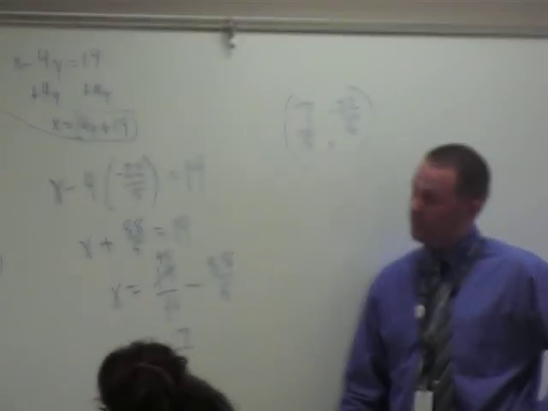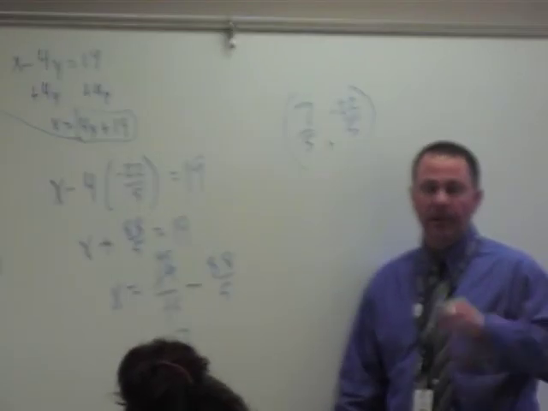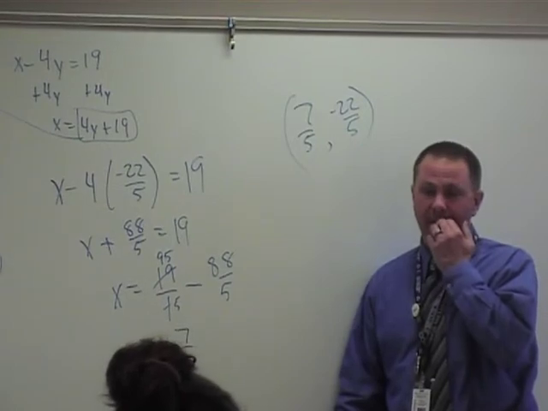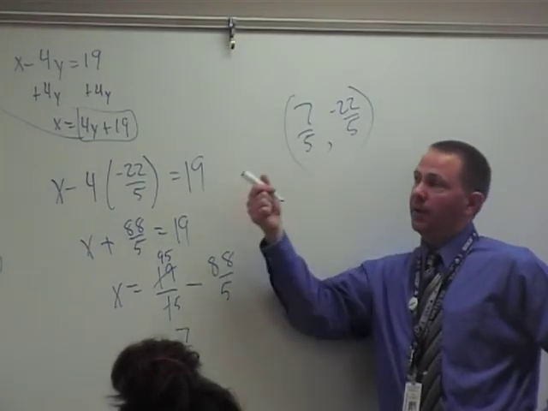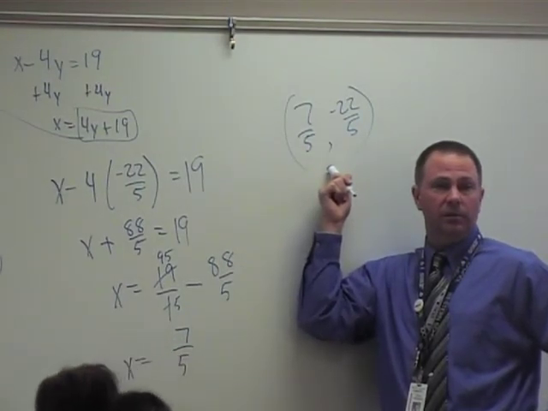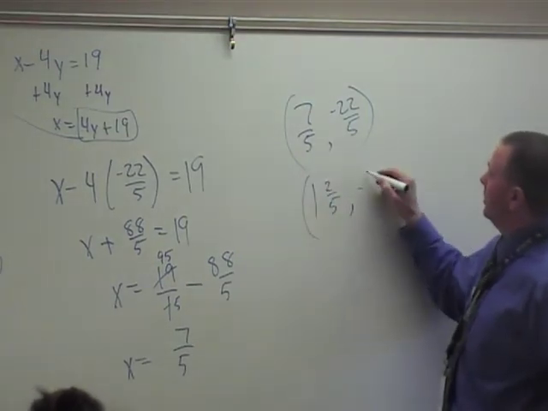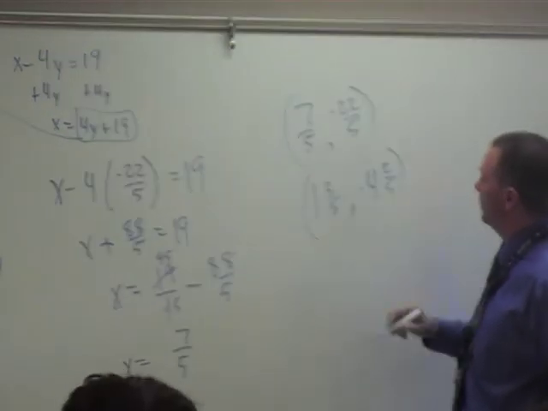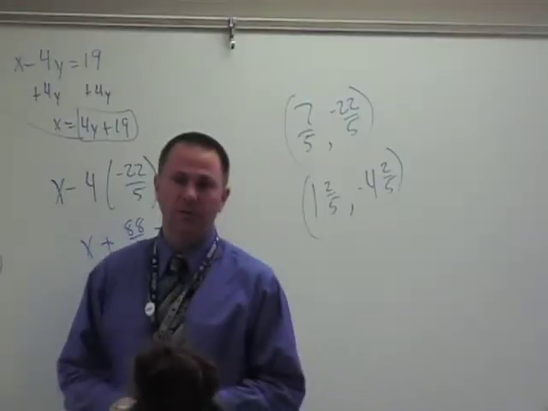No, today you're doing the substitution, you're doing all this work. Oh, okay. So this is basically what we did yesterday, only a different way to do it. Yes. But you wouldn't be able to graph those two and tell me what the answer is. Okay? This is 1 2/5. That's -4 2/5. You had to guess where the two lines cross.